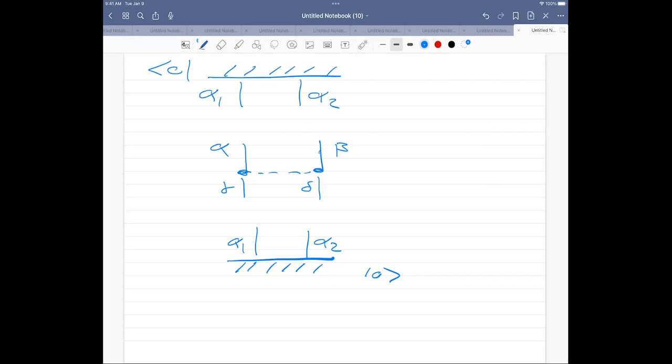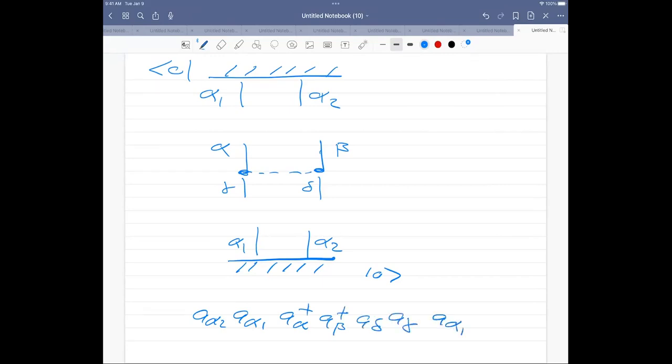So when we calculated it, what we had was A alpha 2, A alpha 1, and then I had A alpha. Well, let me just put it up in a different way. So what we calculated was A alpha 2, A alpha 1, A alpha, A beta, A delta, A gamma, A alpha 1, A alpha 2, and dagger.